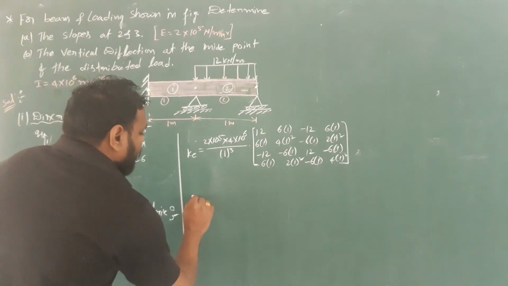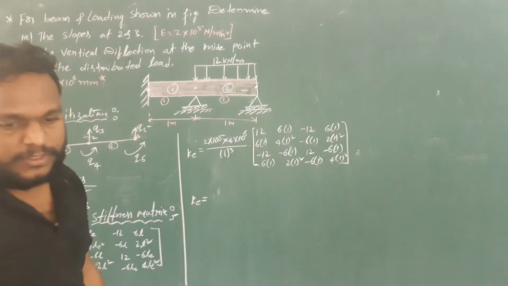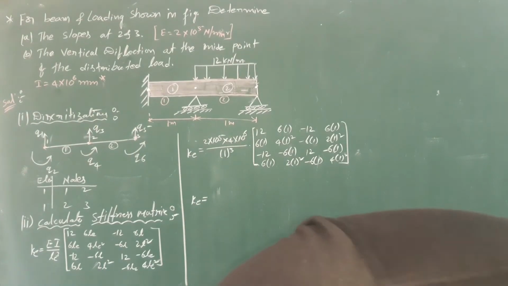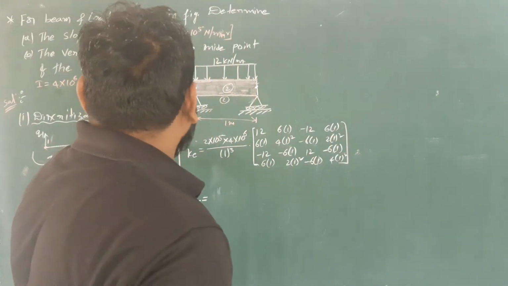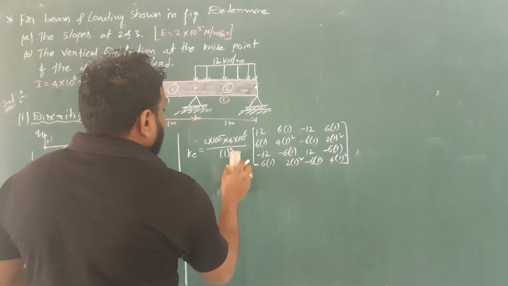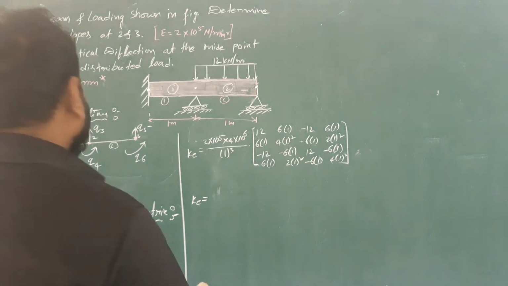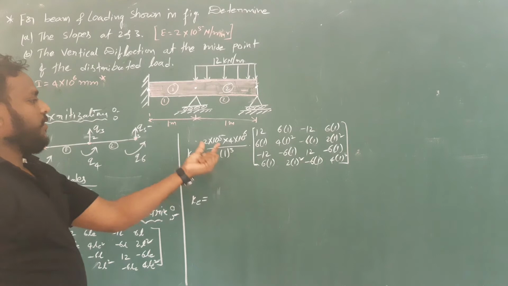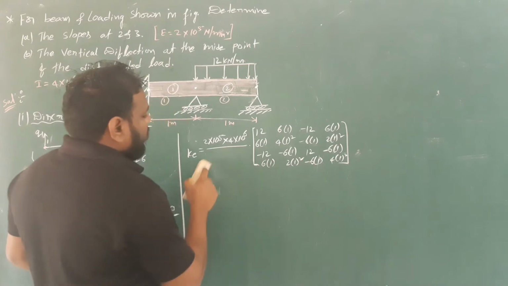Now simplify this equation. Here L_E is in meters and these two are in mm, so we will substitute everything in mm.